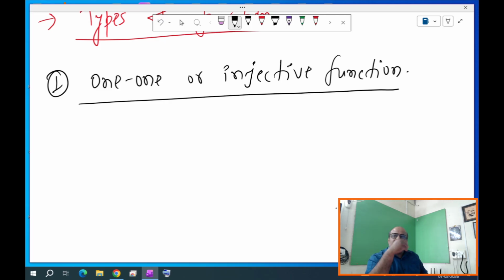Now, in this definition, I will just add: unique and distinct image.